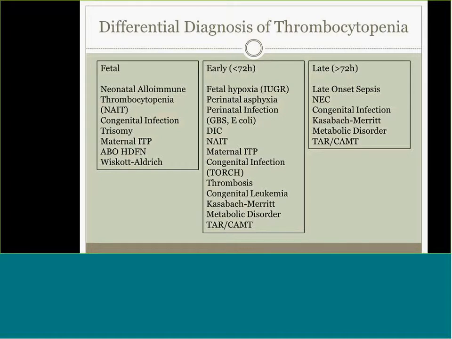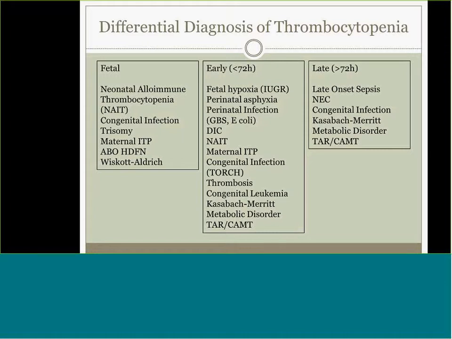Thrombocytopenia in the NICU, I tend to think of, what is the timing of this? Is this something that occurred during fetal life? When I think of things that cause fetal thrombocytopenia, I think of NAIT, fetal alloimmune thrombocytopenia, congenital infections, trisomies, maternal ITP, though oftentimes the maternal platelet count will also be affected.